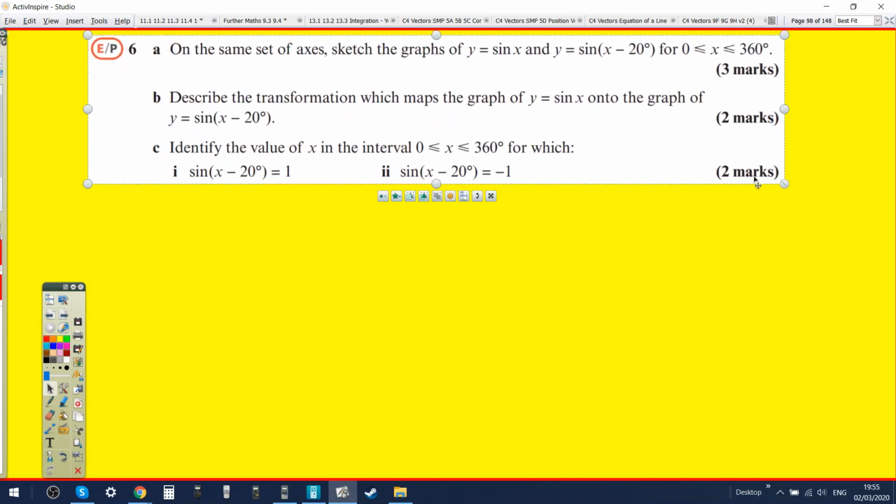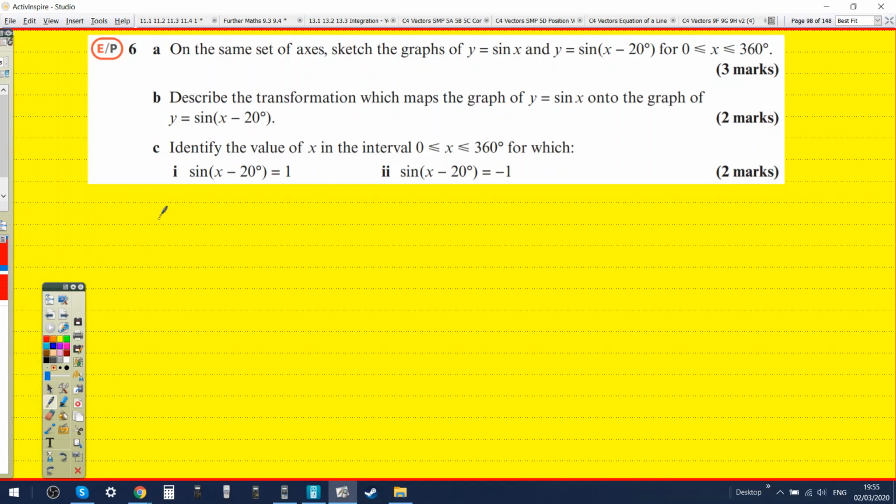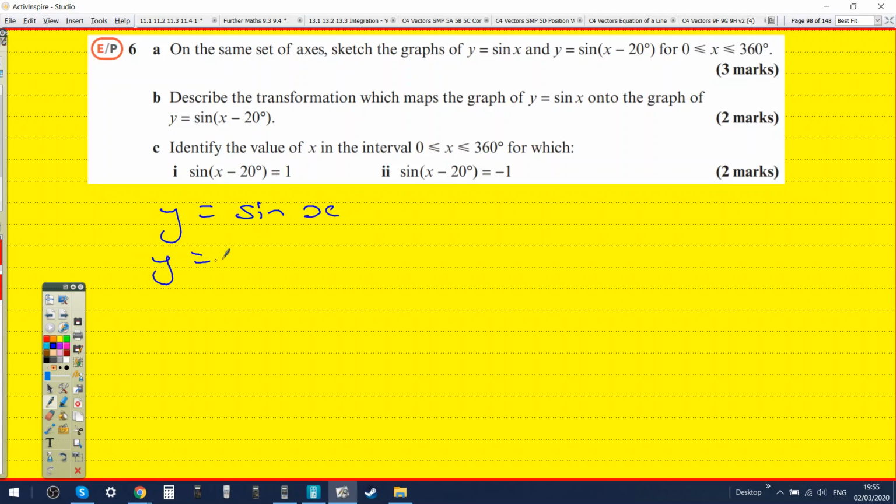So you might not remember this stuff. Any idea about part B? Will that just mean that the x coordinates are going down by 20?